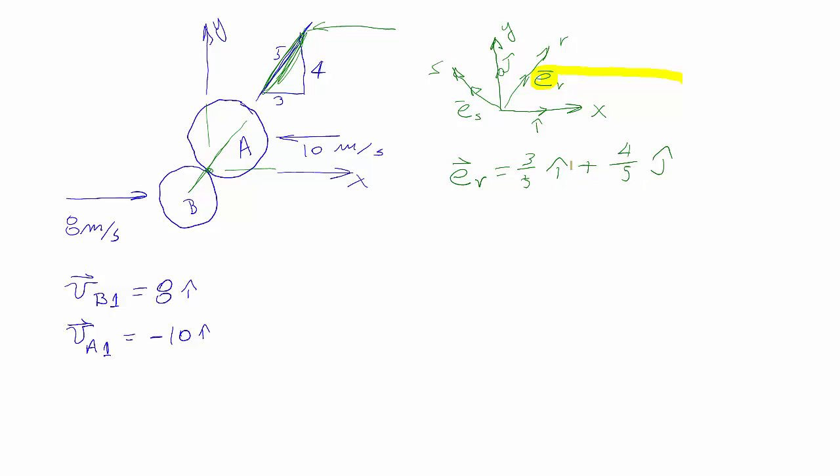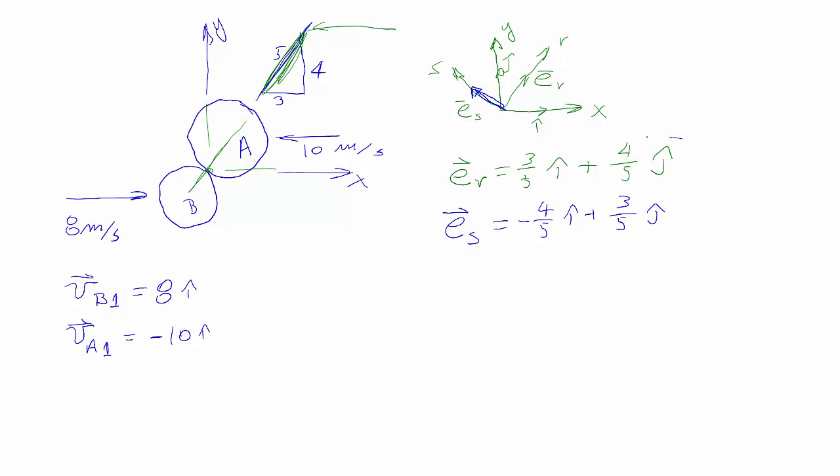This is fairly common, and I have done this in class several times. eS, on the other hand, points back in this direction, and it's minus 4/5 i plus 3/5 j.